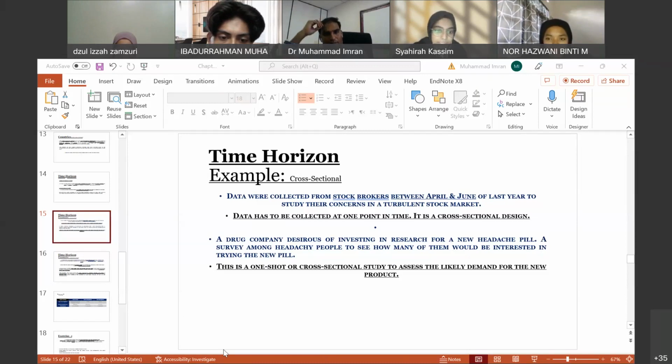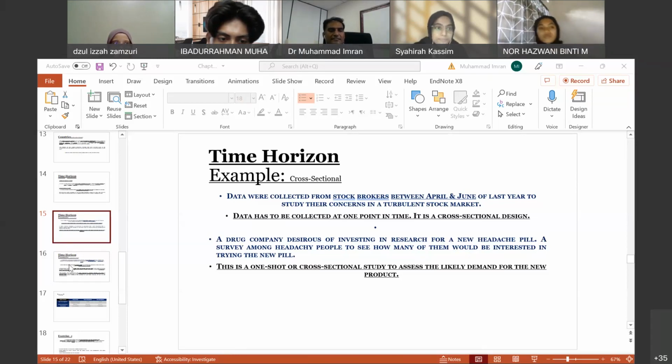Another example, a drug company desirous of investing in research for a new headache pill conducts a survey among headache sufferers to see how many of them would be interested in trying the new pill. So this is a one-shot or cross-sectional study to assess the likely demand for the new product.